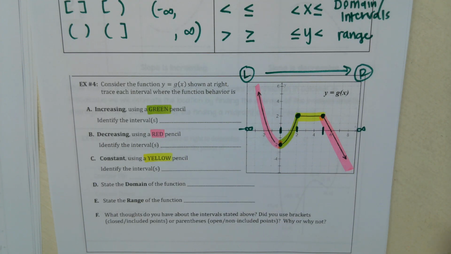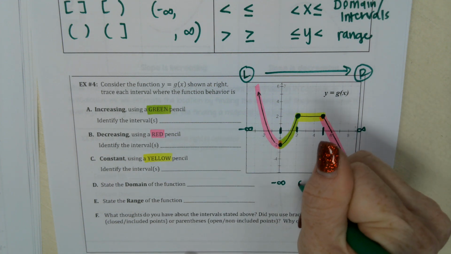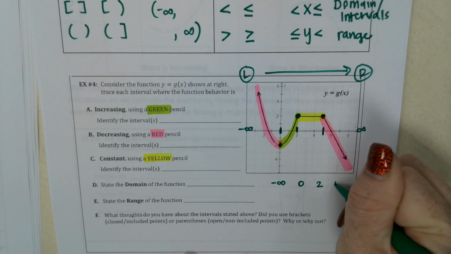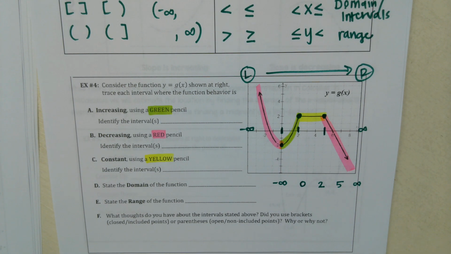So I'm going to write down negative infinity, 0, 2, 5, and then positive infinity. This just helps me write my intervals, my starting and stopping places. I found that this helped with my pre-calc kids 2 or 3 years ago, just me writing my different intervals using this notation.